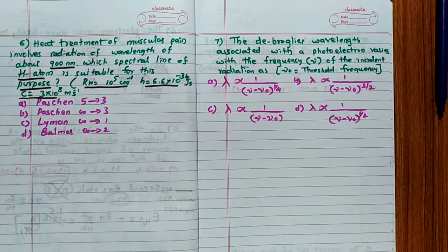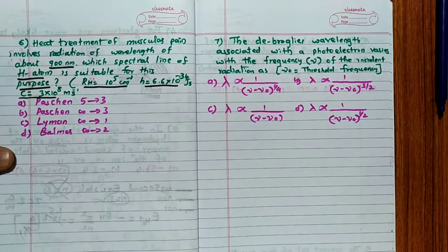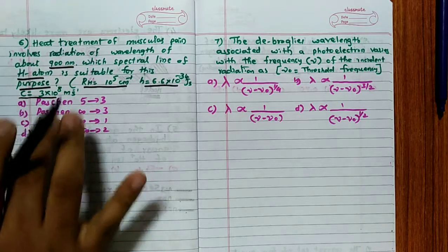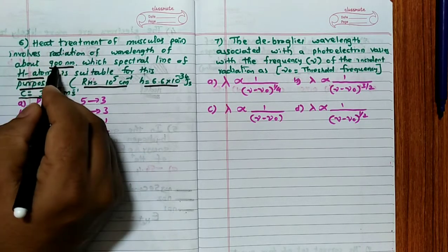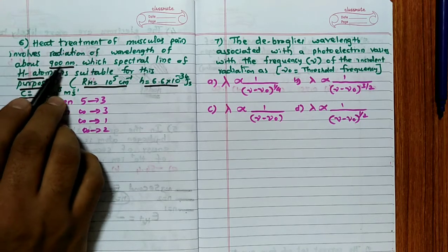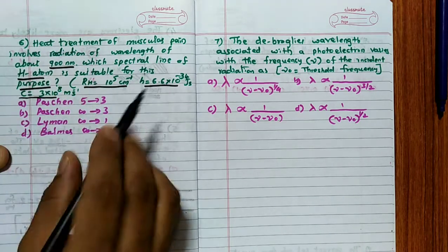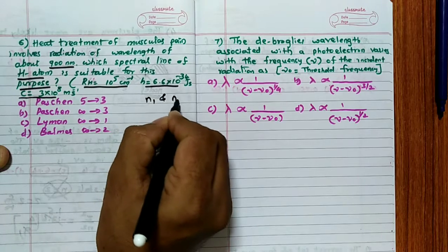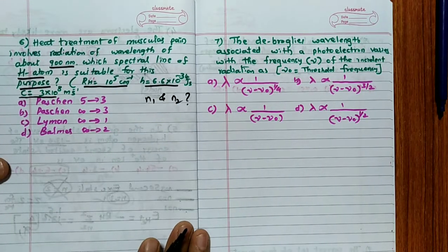Hence you have to remember those values. So what they are asking is which spectral line corresponds to 900 nanometer wavelength. Then what you have to calculate is what the N1 value and the N2 value are.